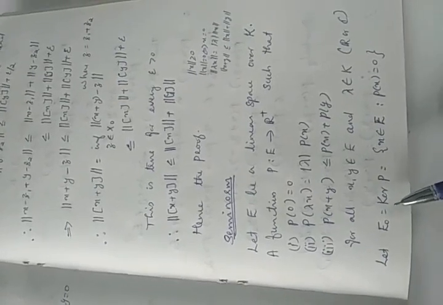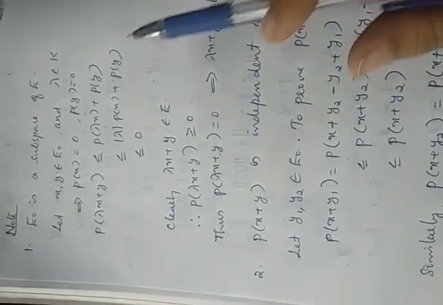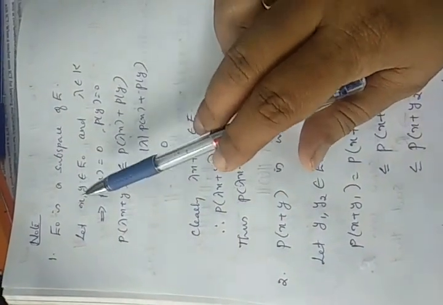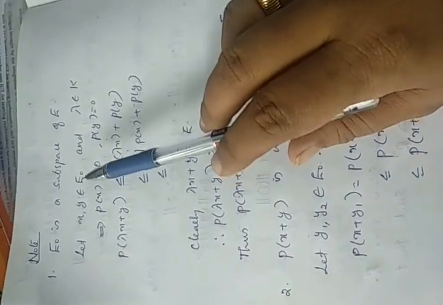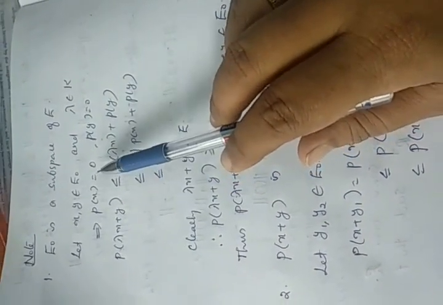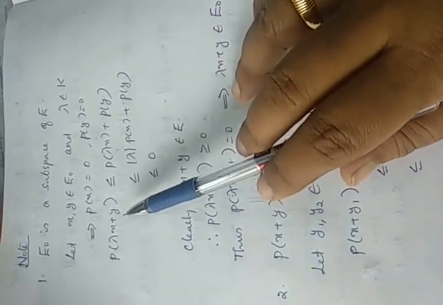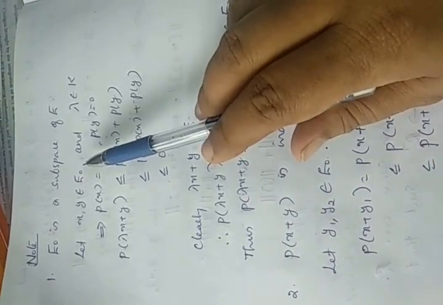Now, we can prove that this E naught is a subspace of E. For that, we consider two vectors from E naught, that is x and y, and a scalar lambda. So, x and y are elements of E naught implies P of x equal to 0 and P of y is equal to 0. We have to prove that lambda x plus y is an element of E naught, so that E naught will become a subspace of E.